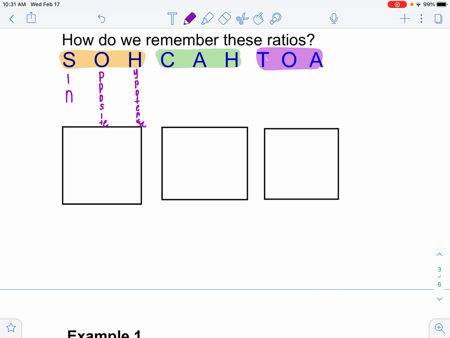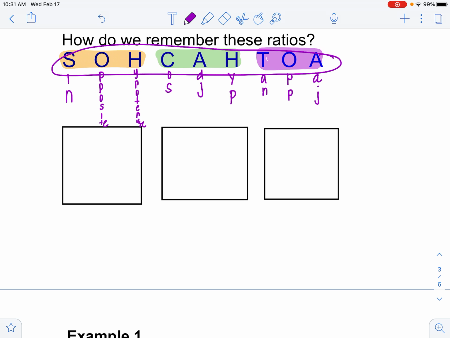Now, if you look right here, that's what it says right there, opposite side and the hypotenuse, right? So opposite side over hypotenuse. Ca stands for cosine. I'm just going to abbreviate cosine. And that is the adjacent side over the hypotenuse. I'm going to start abbreviating here because these words are long. Toa is tangent, is opposite over adjacent.